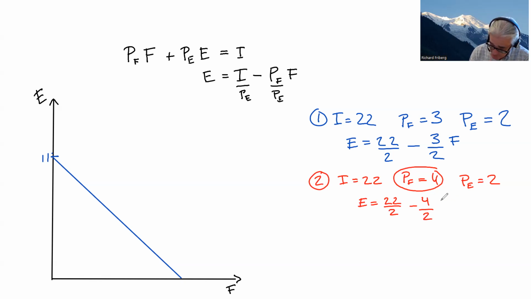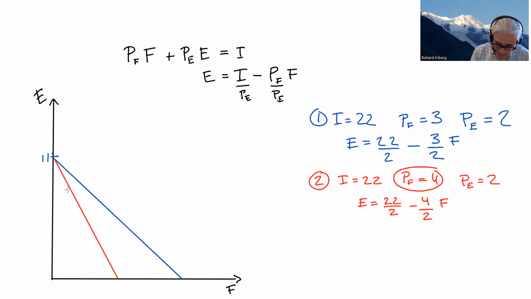The new budget constraint is steeper, with a slope of -2 instead of -1.5. For every unit of F that I want, if the price of food is higher, I need to give up more of E to be able to buy the same amount of F.